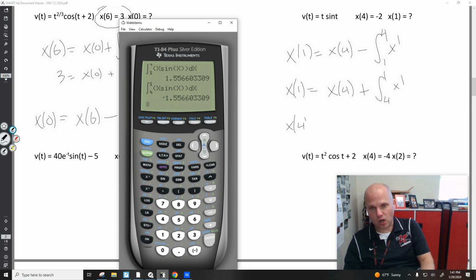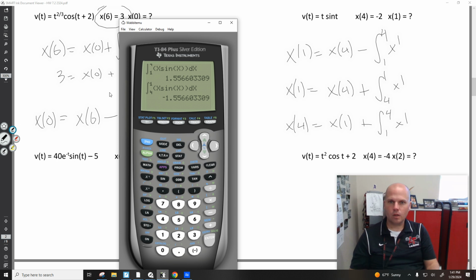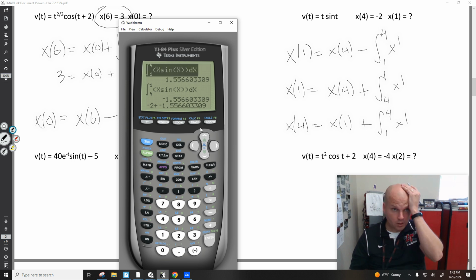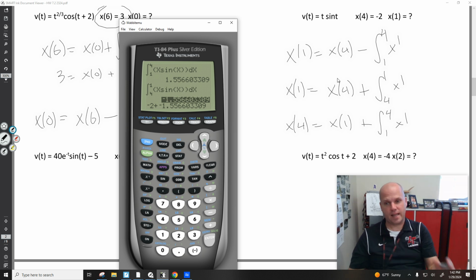Or you could solve for x of 1 here. X prime is equal to v, you know that. So -2 plus this or -2 minus that, it's all going to be the same thing. I want to make sure this makes sense. I displaced 1.55, so I have to go to the right to get to -2.